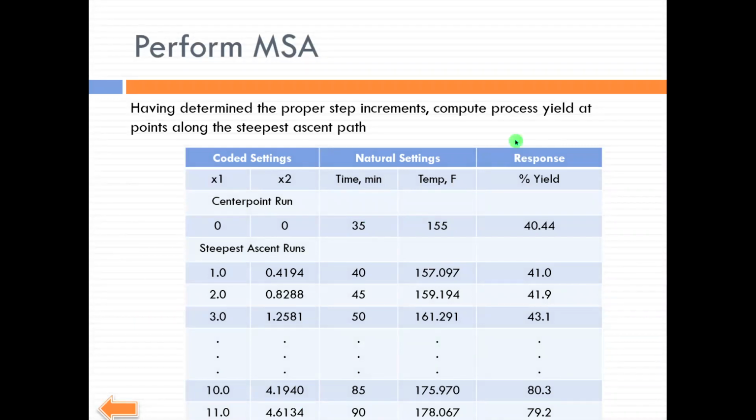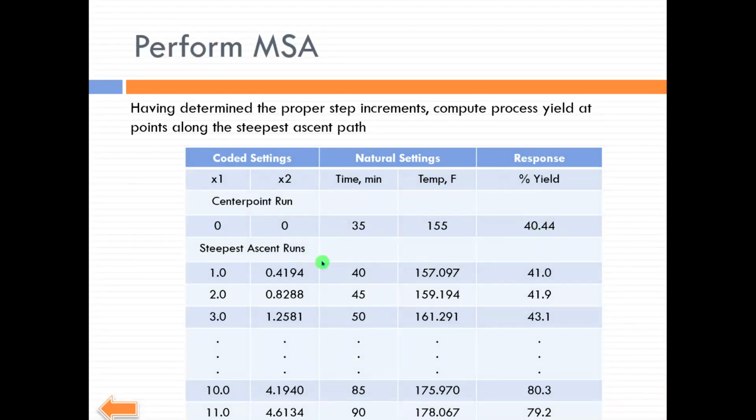So I'm assuming parang reactor ito, no? So mayroon kang reactor, tapos yung reactor kaya mong i-set yung temperature, saka kaya mong i-set kung how much time before you stop the process, or before you record whatever yield you are looking at. So meron kang reactor, sinet niya 35 minutes, magra-run yung reactor at 155 degrees Fahrenheit. Tapos yung nakuha niyang response is percent yield is 40.44. Okay? So let's just say yun yung nakuha niya.